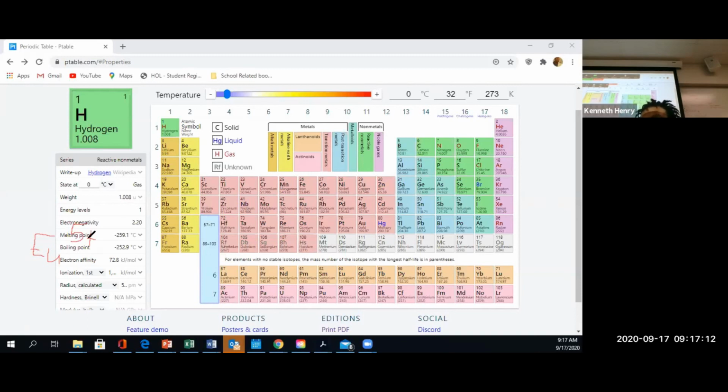Europium 5+. Okay, so what is the electron configuration for europium first? Let's do that one first, and then we'll do europium 5+.